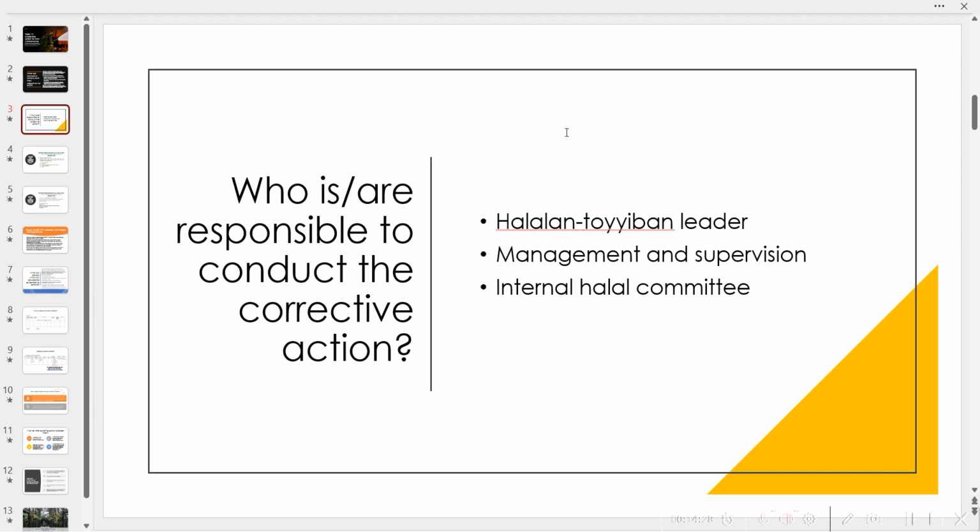In this case, what shall you call it? Boleh, but we call it Halal Toyiban Leader. Any premise which has a small number of staff, kita akan panggil dia Halal Toyiban Leader. Why?